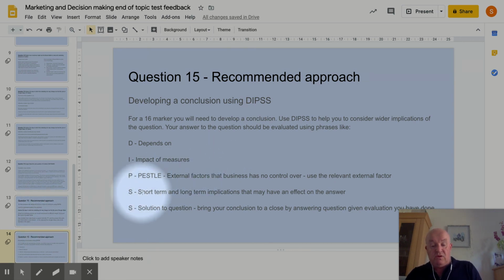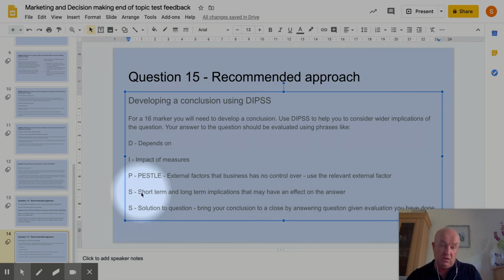Now, another way of trying to include and think about this in a wider context is to think about both the short-term and the long-term implications that may have an effect on the answer. So in the short term, it might be a good thing to highlight high levels of awareness advertising, but in the longer term, we might need to be thinking about how long we are going to keep going with a product like this if we're not getting the sales returns that we were hoping for, okay?